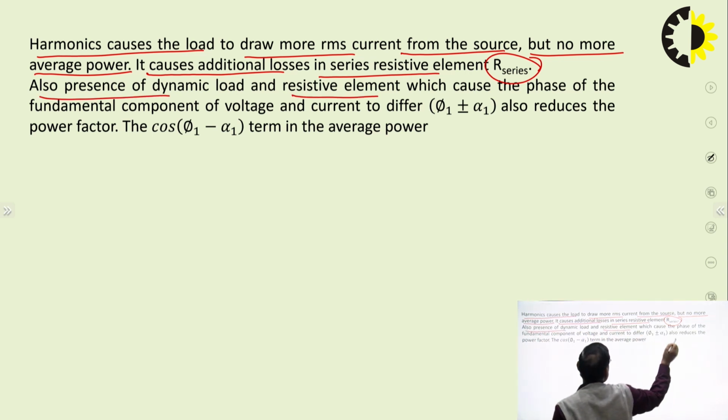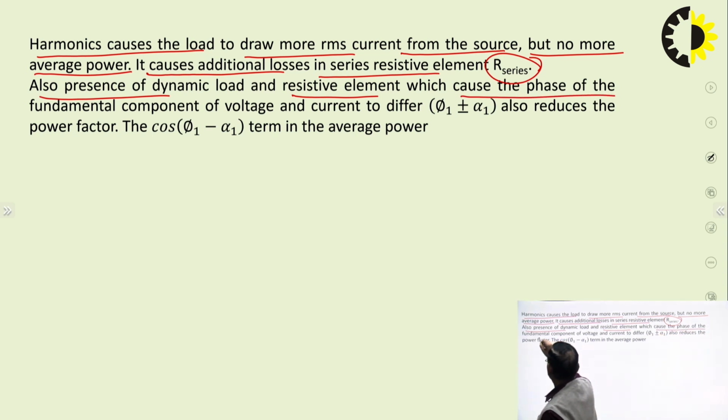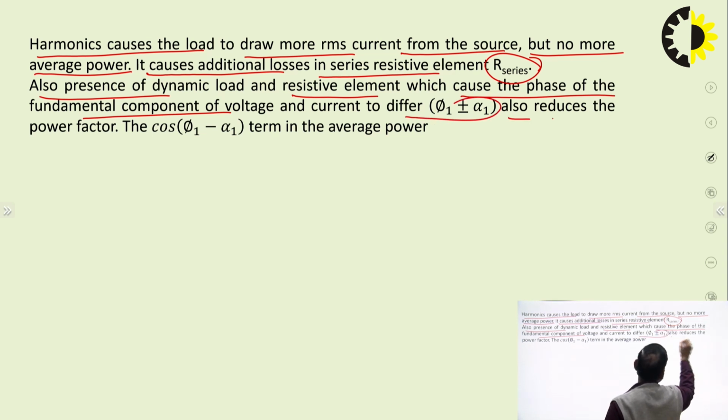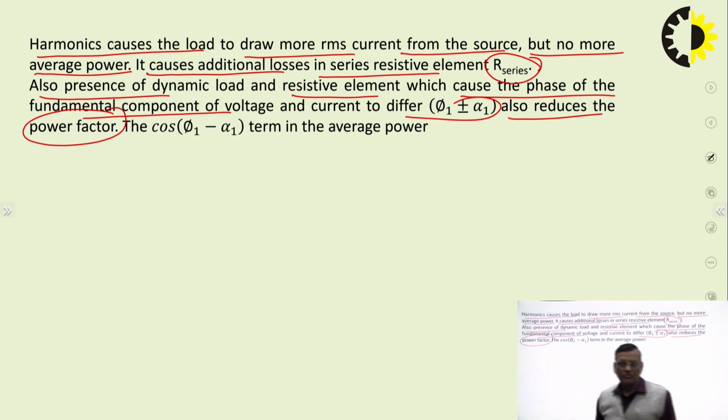Also, the presence of a dynamic load, with a resistive element which causes the phase of the fundamental component of the voltage and current to differ, also reduces the power factor. The power factor will go down. If the power factor goes down, then for the same kilowatt load, the kVA demand will be more if the power factor is low.